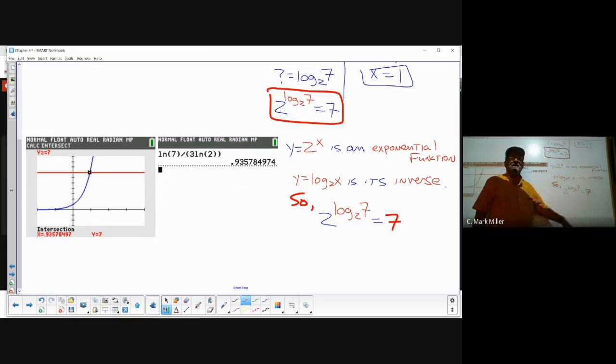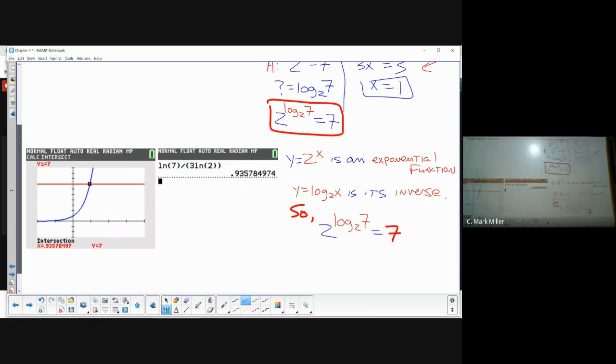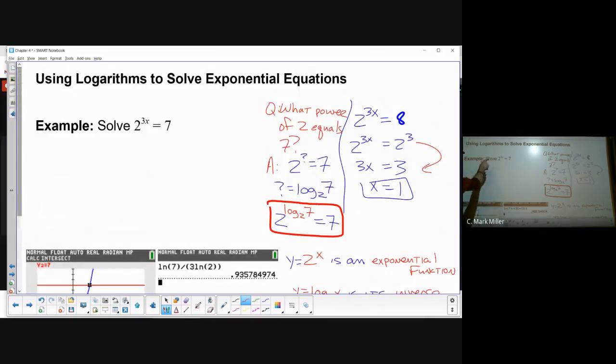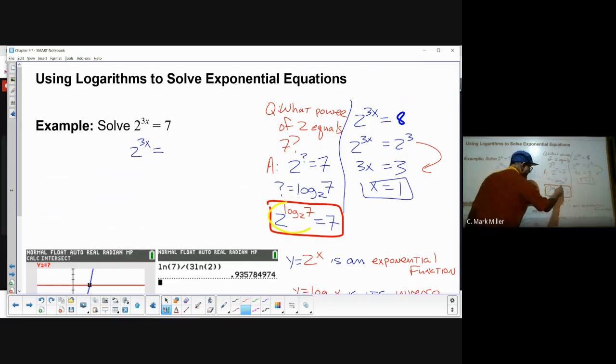I want you to think about this. Log base 2 of 7 is what? It's the power to which we must raise 2 to equal 7. If I raise 2 to that power, it's 7. So up here, we're going to rewrite this using this relationship here. 2 to the 3x equals, instead of writing 7, I'm going to replace 7 by this.